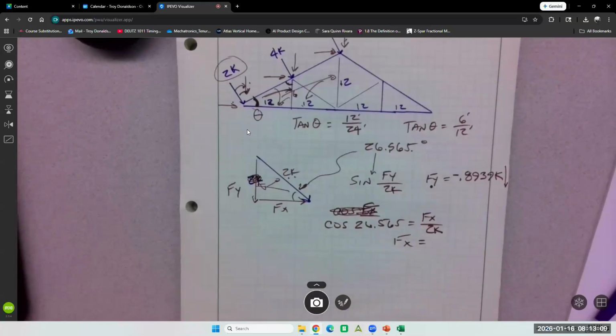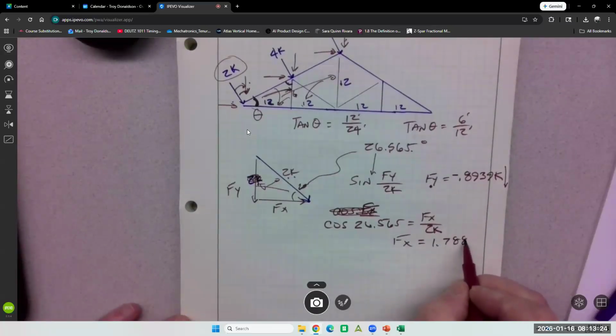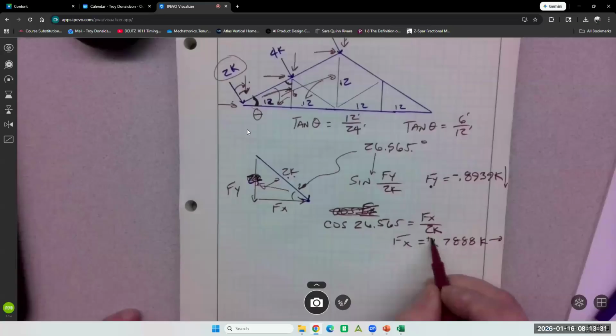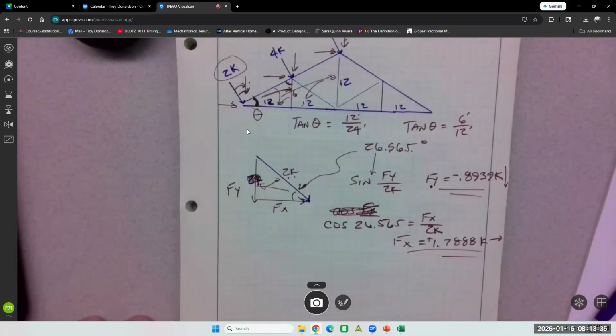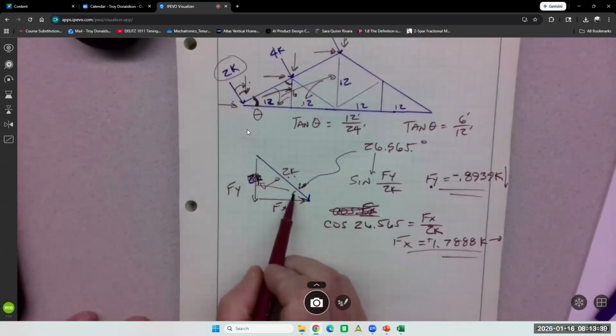Fx equals 1.7888K. Yeah. And that one is pointing positive to the right. So it's plus. So yeah, just finding the components of a force. Once you get the angle, it's pretty easy to do.